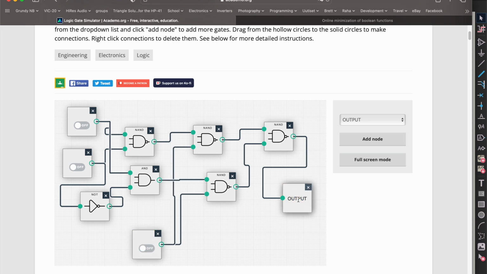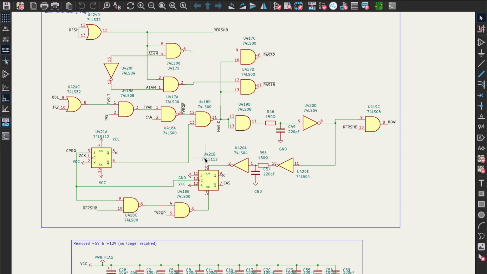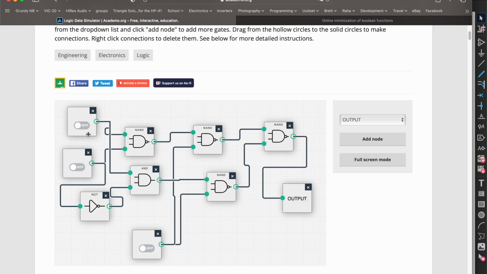If it's off, then RAS is off, regardless of what these two are. Okay, so we know that first. The only time, if both of these are on, refresh and A14, then it doesn't matter what value this is, it's off. So basically that seems to be it.